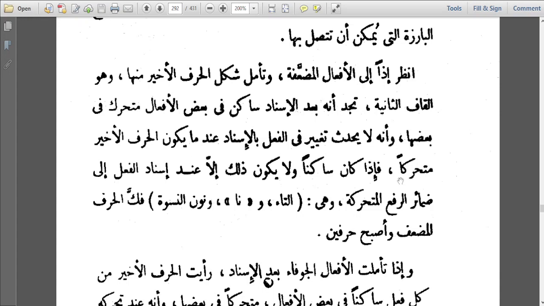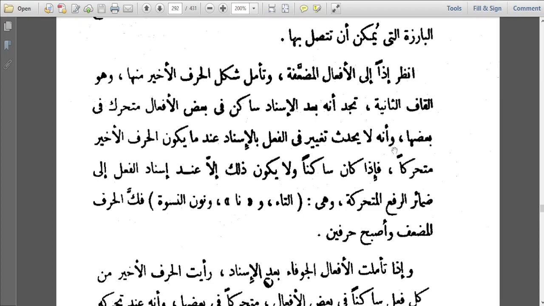We will see all those things he's talking about, inshallah. I'll go back to the examples and explain. He has first told you that in some of the connections with the ضمائر الرفع, the verb ending becomes sakin, and in some of the connections, the verb ending becomes mutaharrik. It has a haraka.